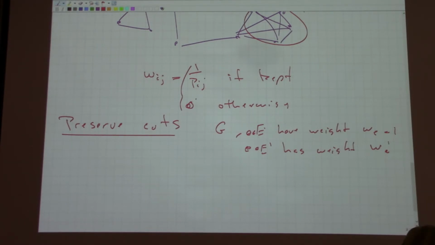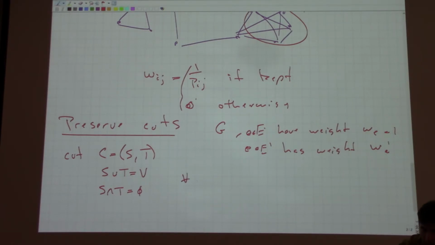Okay, and so now the property I want to have, remember from the spectral clustering lecture, is that a cut is going to be two subsets of the vertices, S and T, where S union T is equal to the full vertex set, and S intersect T is the empty set. So this is a cut.